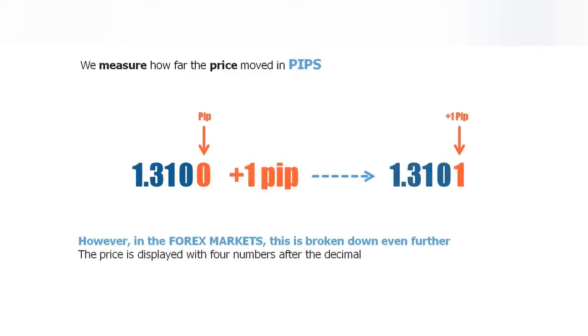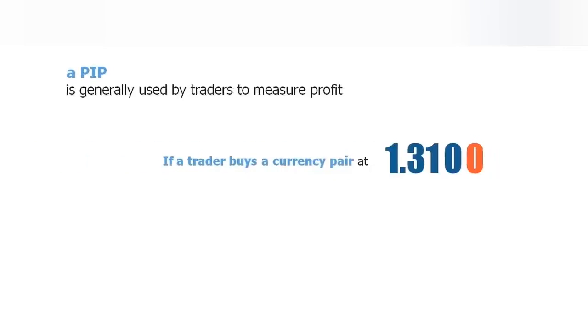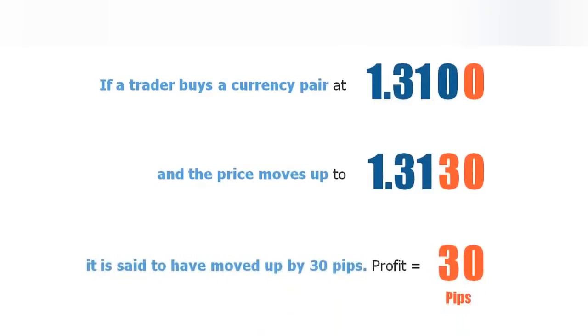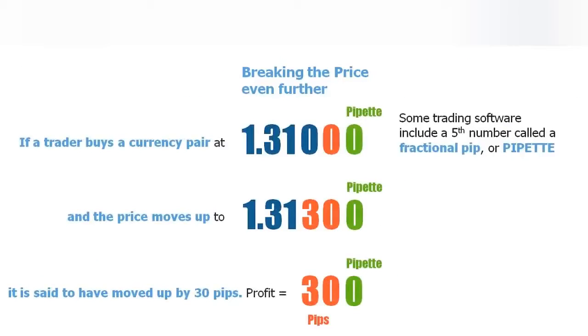If the value of that currency pair moves from 1.3100 to 1.3101, it has moved by a single pip. Pips are how traders generally measure their profit. If a trader buys the euro-US dollar at 1.3100, and the price moves up to 1.3130, it is said to have moved up by 30 pips, or the trader has gained a 30 pip profit. Some trading software makes use of 5 decimal places, in which case the 5th number is called a fractional pip or pipette.